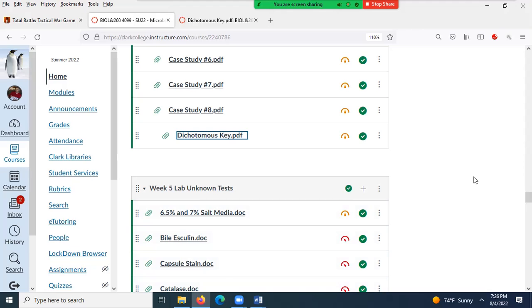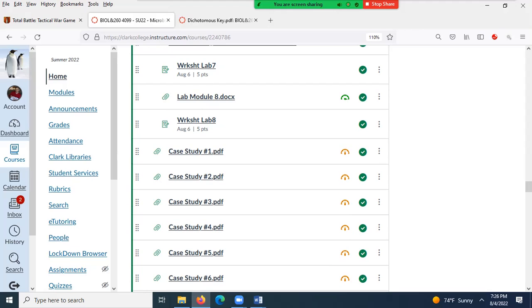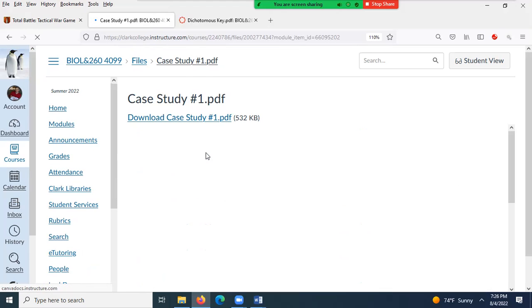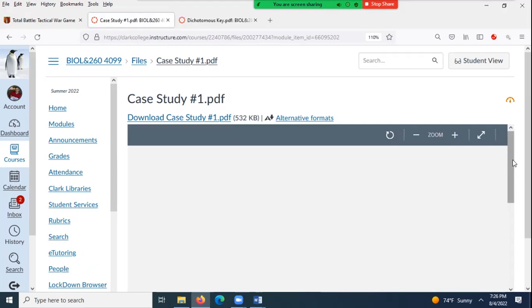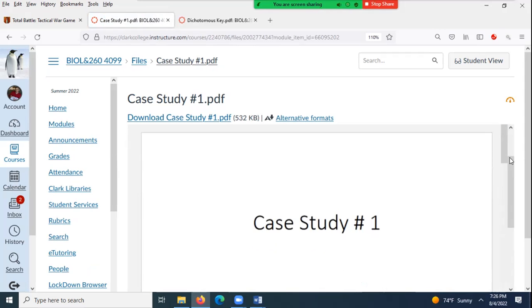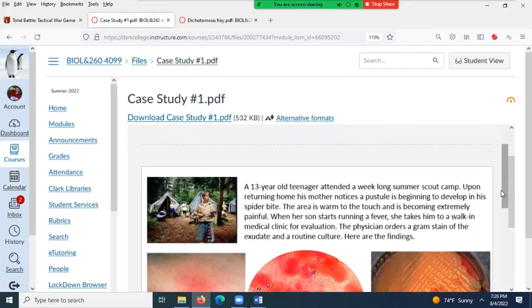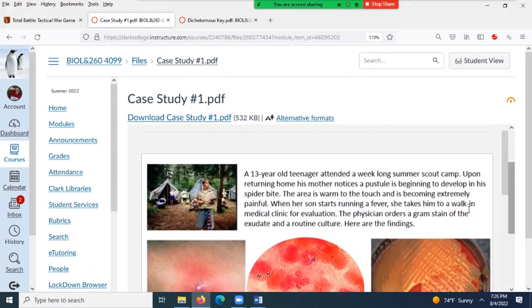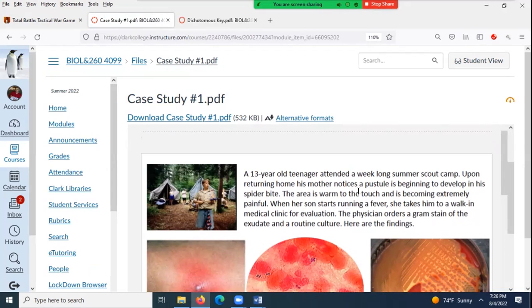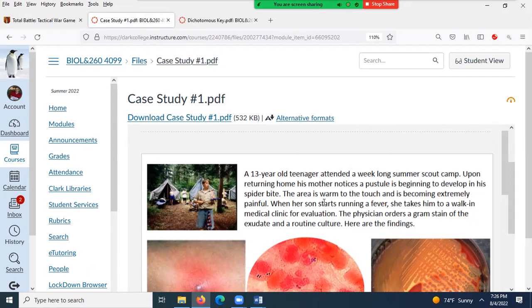Let's go ahead and open case study 1. So we have the patient who came down with a disease. It's actually a 13-year-old teenager who went to a camp, and at home his mother noticed a pustule beginning to develop in the spider bite.